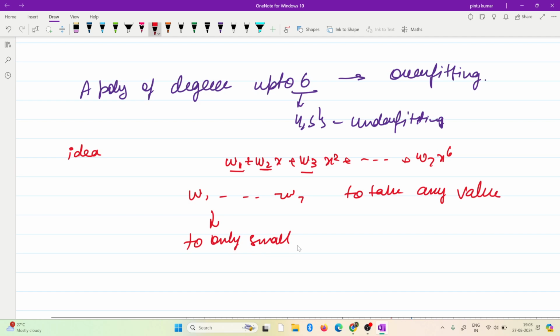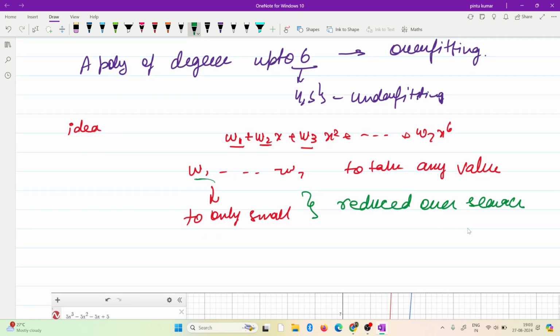But if you take small values, you are fine with it. By that, we have reduced our search space, right? How? Because this set of functions over which we can search is smaller, because now we just want w1 to w7 to have smaller values. So we have restricted or confined our search space.